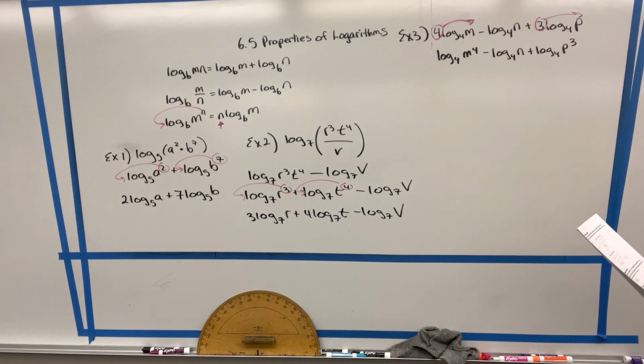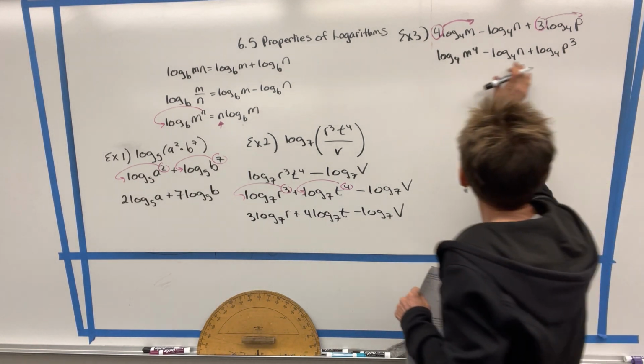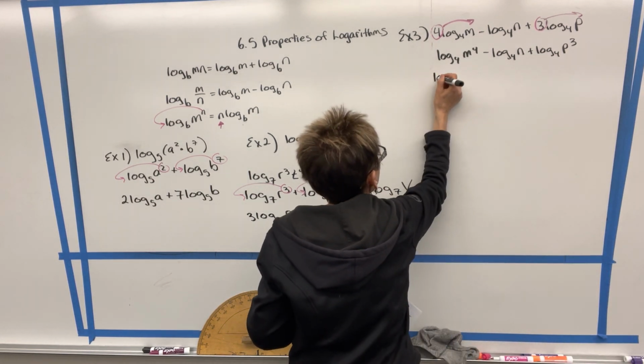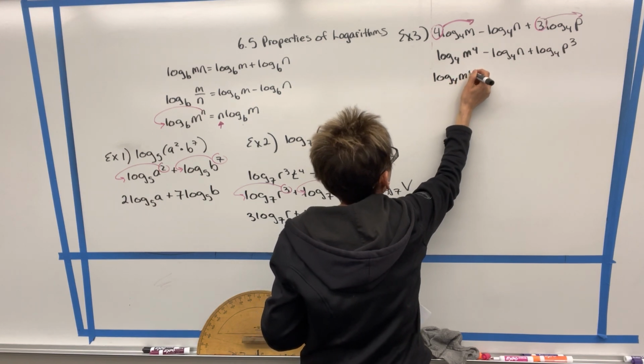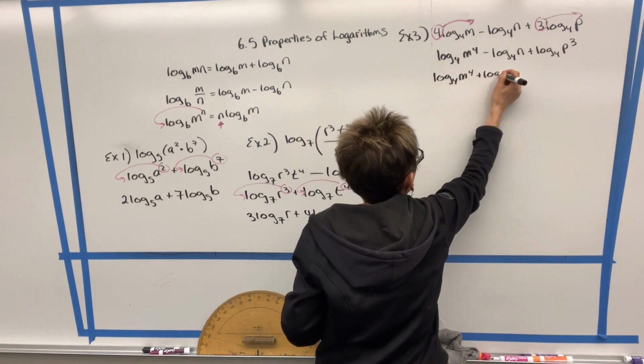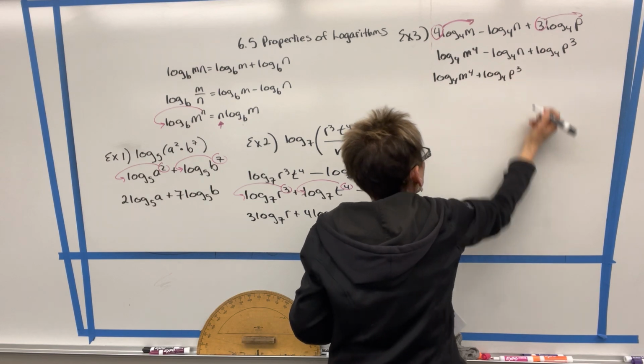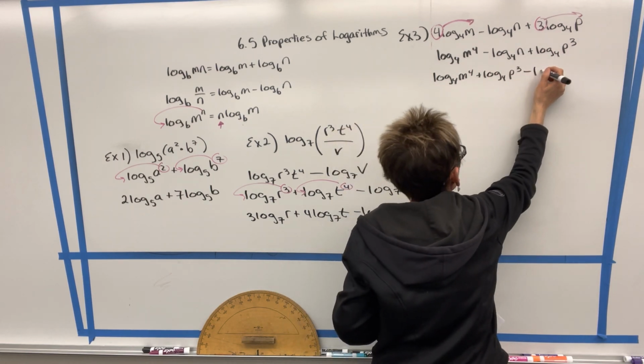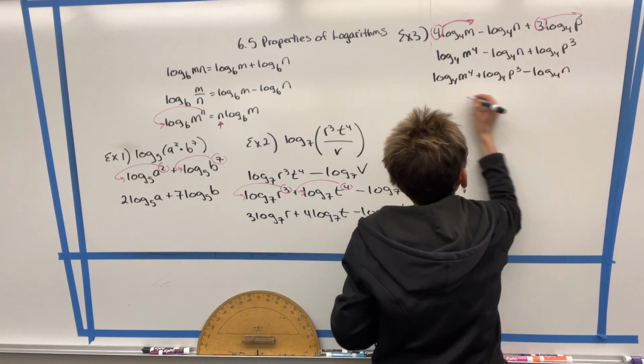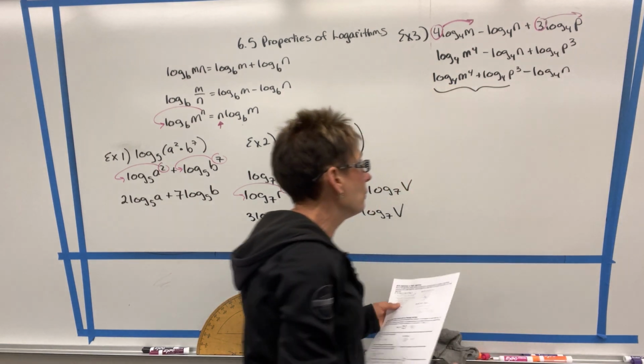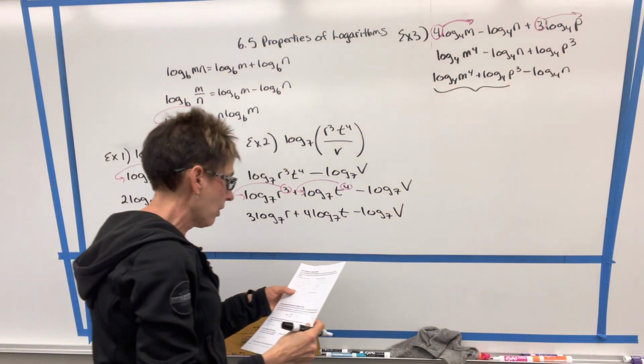All right, then I think it might be a little bit easier if we put the two that are being added together. So we can say log base 4 of m to the 4 plus log base 4 of p cubed, and then have the subtraction on the n. These two, we know, working backwards, came from a product.